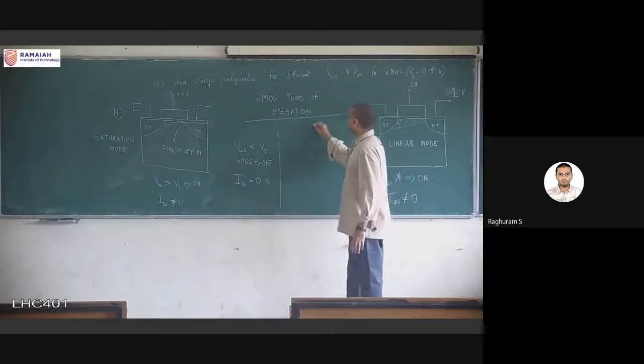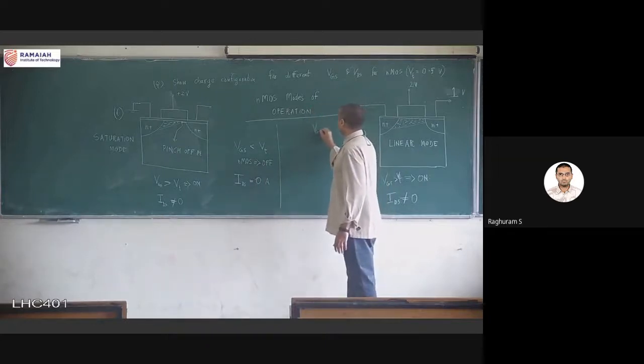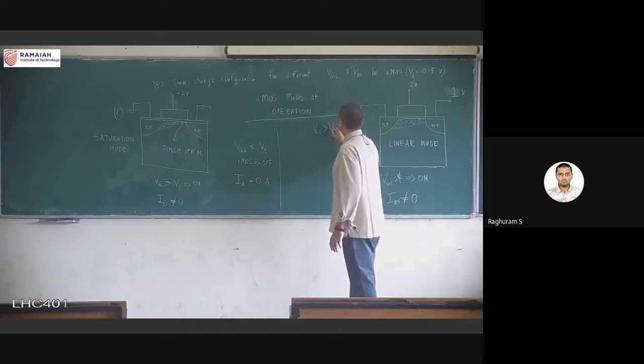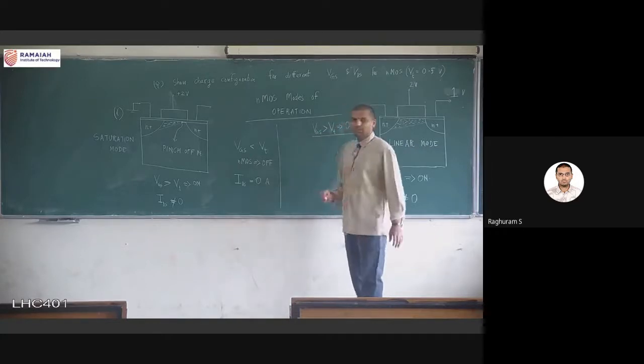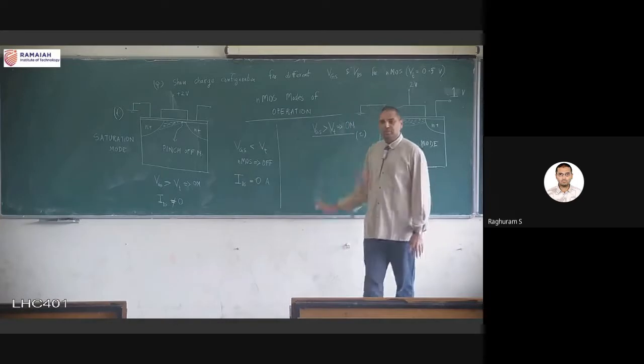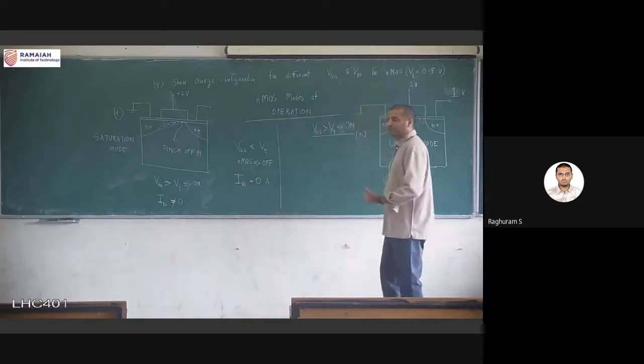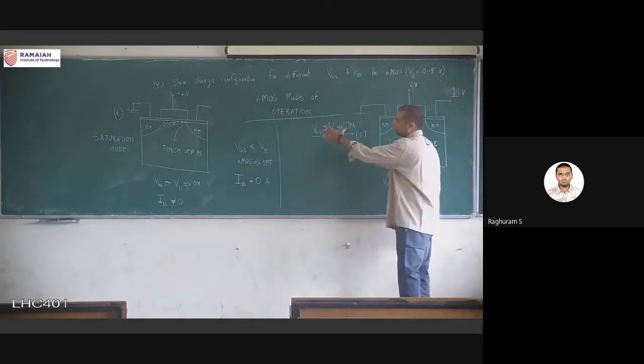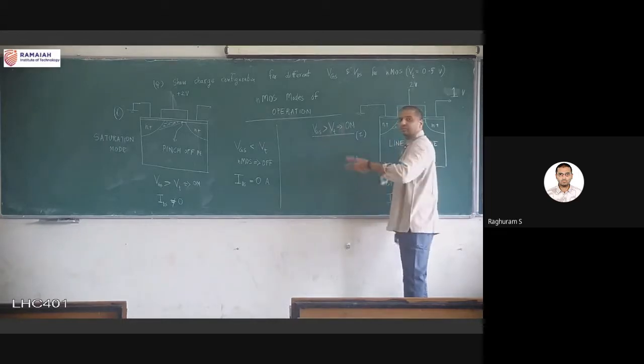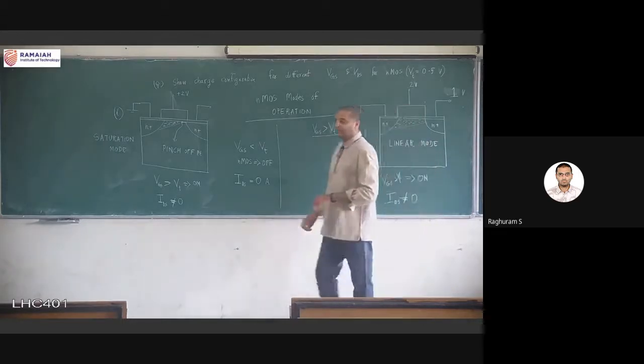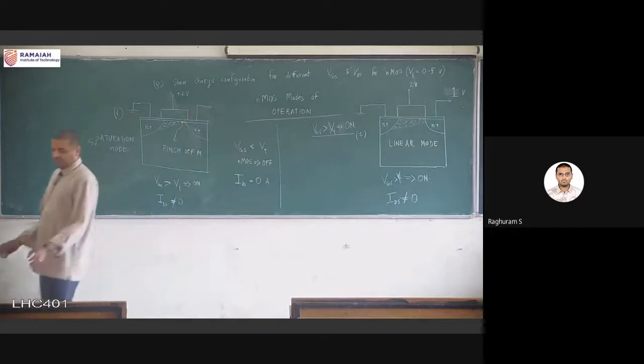Now the other side, we are going to assume that VGS is greater than VT. The transistor is on. Within these conditions, we have two sub conditions, the linear and the saturation.